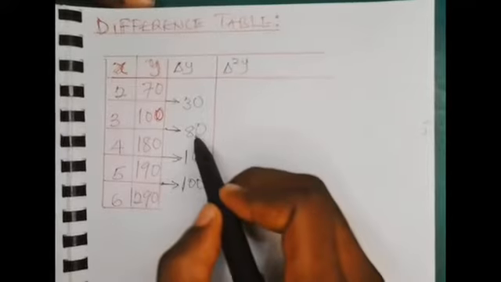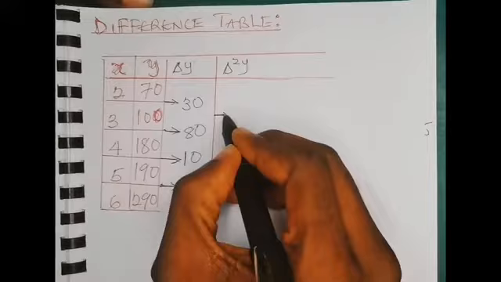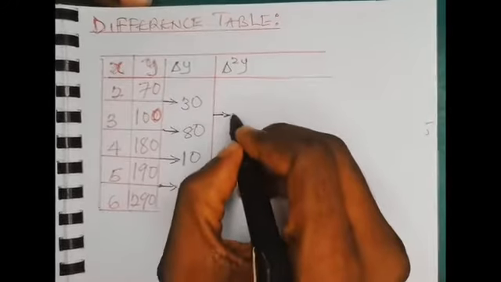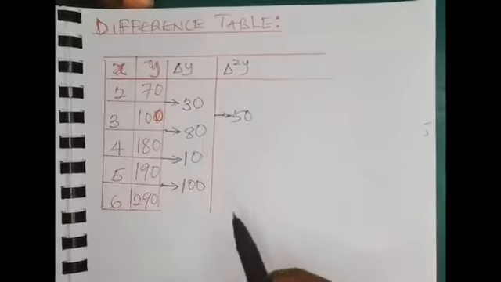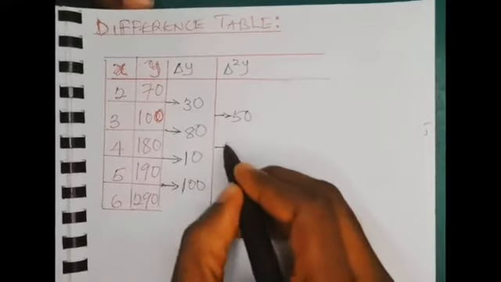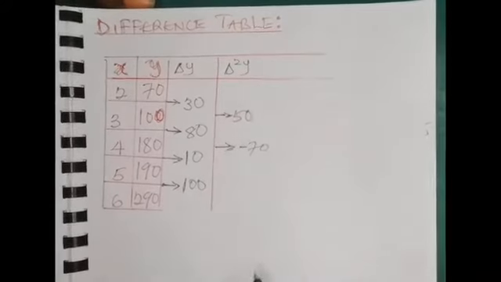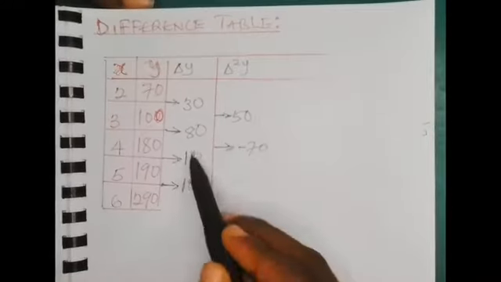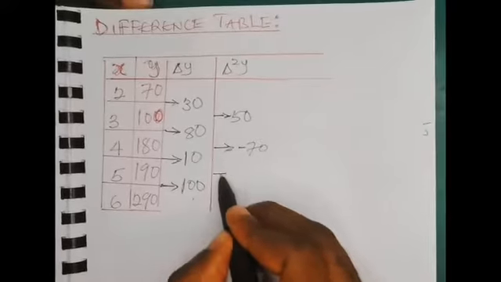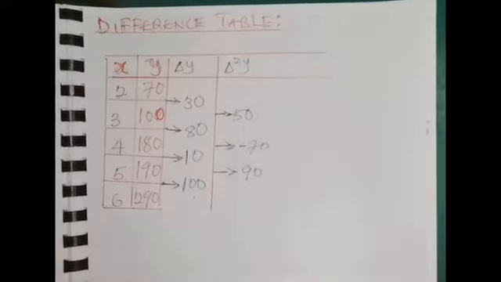So we have 80 minus 30 written in between the two of them, and 80 minus 30 simply gives us 50. Next you have 10 minus 80 written in between the two of them, and that gives us negative 70. Next we have 100 minus 10 written in between the two of them, and that simply gives us 90.